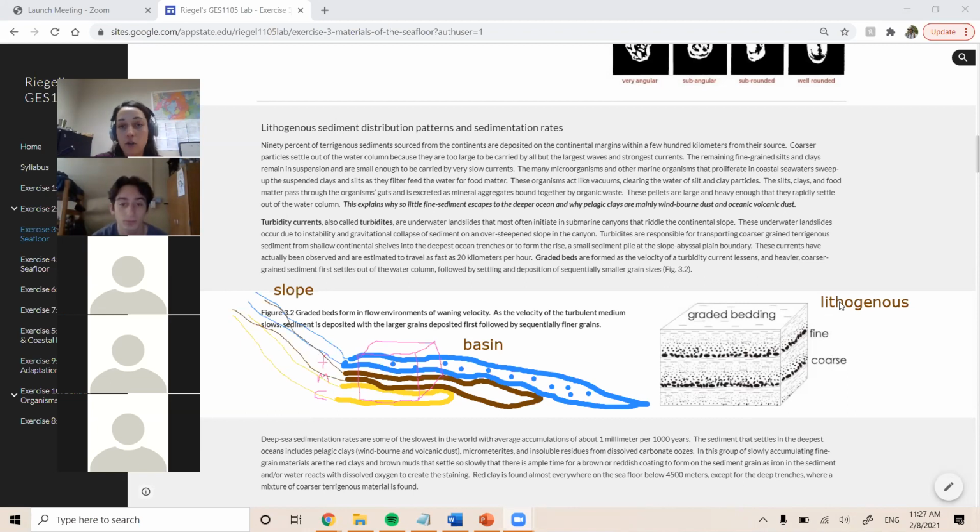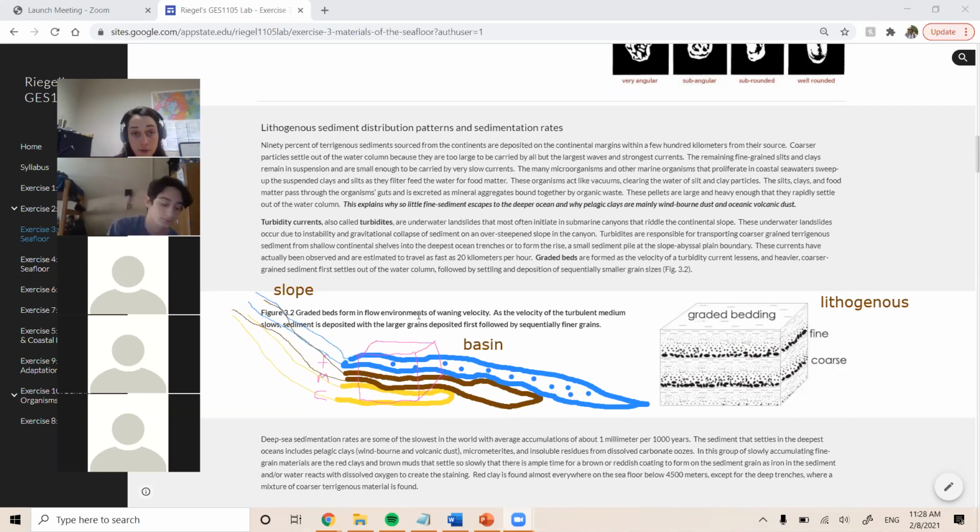Why do I know that lithogenous material must be near the slope, or was near the slope at some point in time? Because it comes from the earth, so it's not inherently from the ocean.